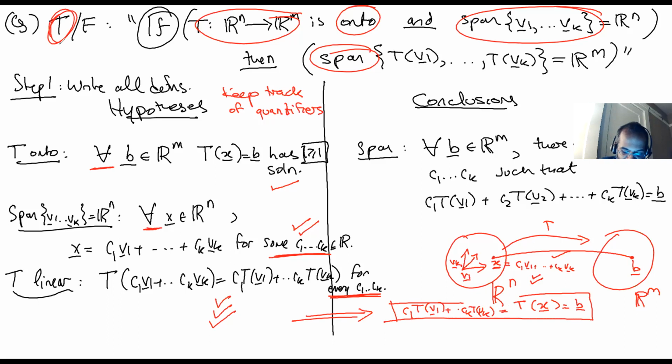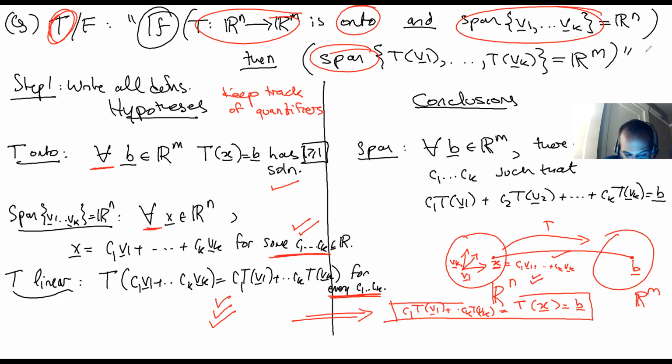Now, if this hadn't worked out, then what would you do? Circle false. No, you wouldn't circle false. You would go through your library of examples. So just remember, if a proof doesn't work, that doesn't mean the statement is false.